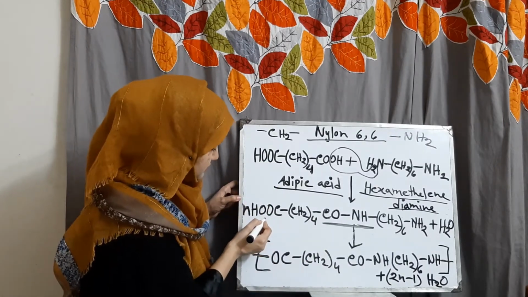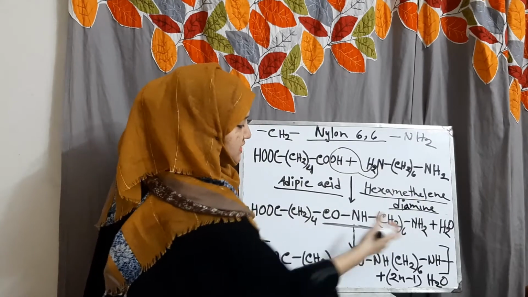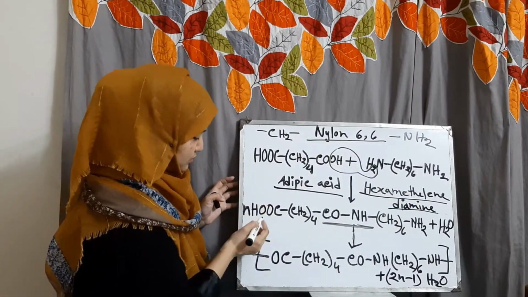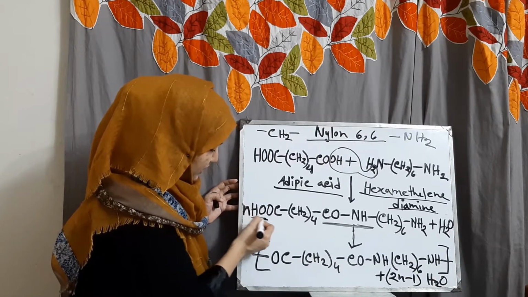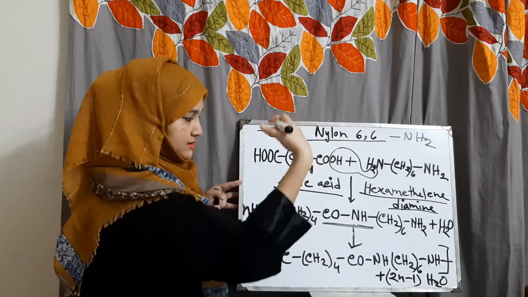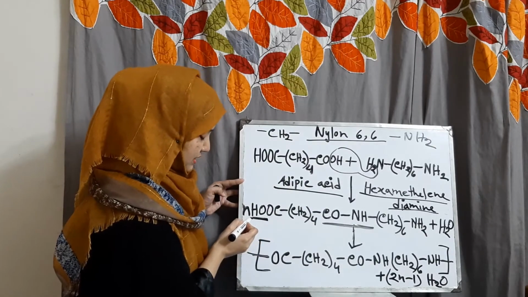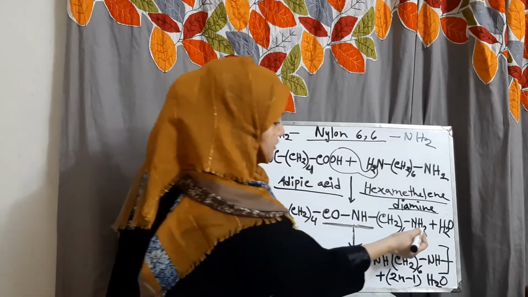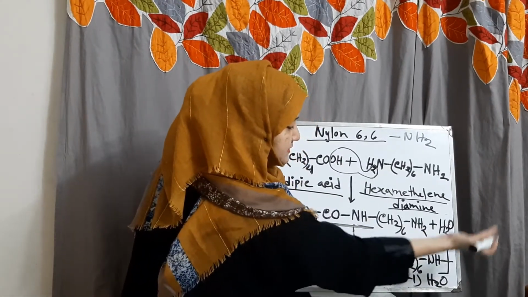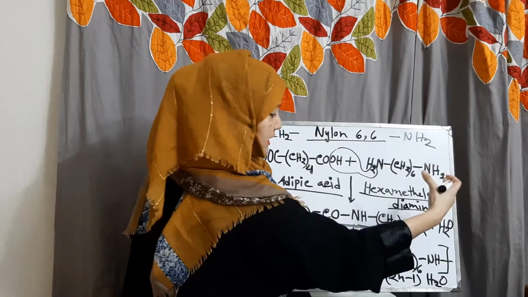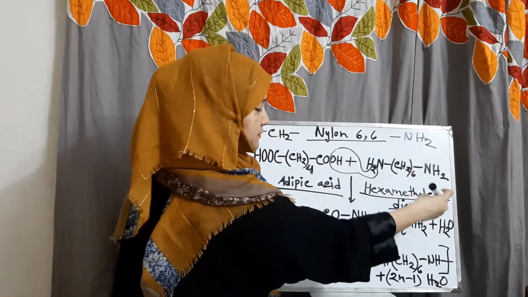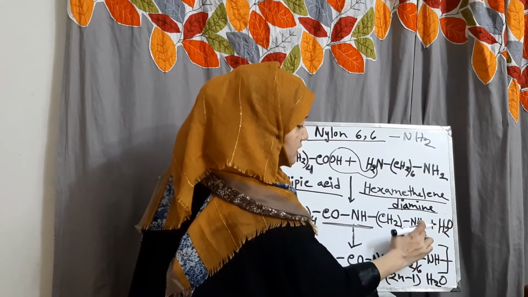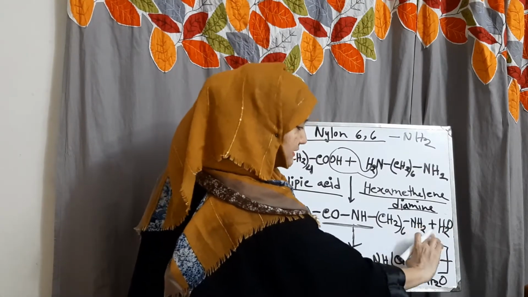How? Another monomer unit comes to close this molecule, and from this OH and from another monomer unit hydrogen link together and are removed. From this part another amide group comes and joins from the carboxylic end, and then OH and H are removed from this side.